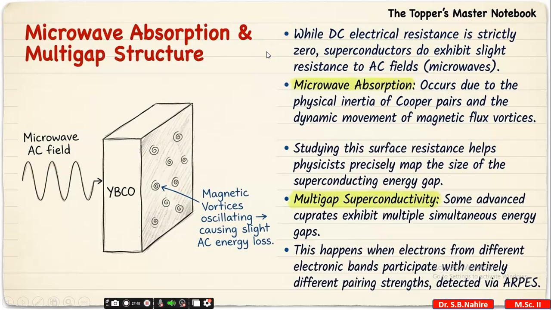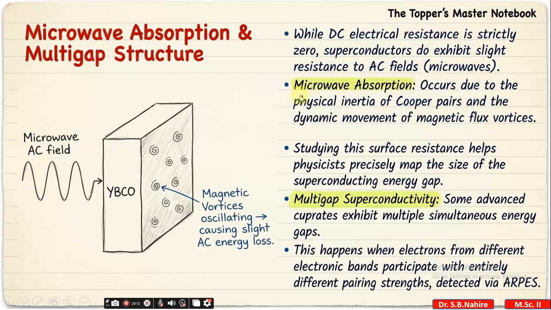Now, let us understand microwave absorption and multi-gap structure in superconductors. First point. In superconductors, DC electrical resistance is exactly zero. However, when an AC field is applied, especially in the microwave region, a small amount of resistance is still observed.